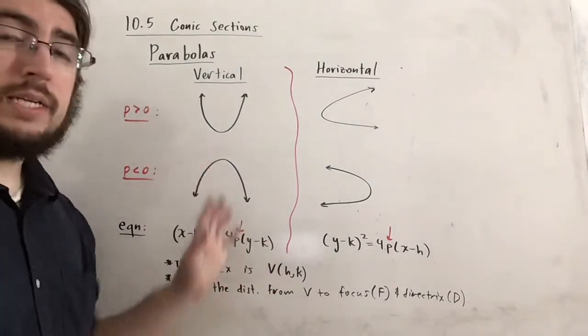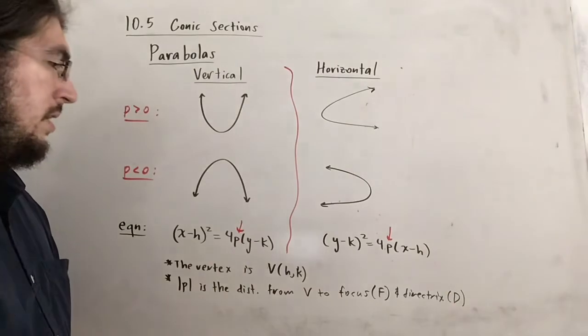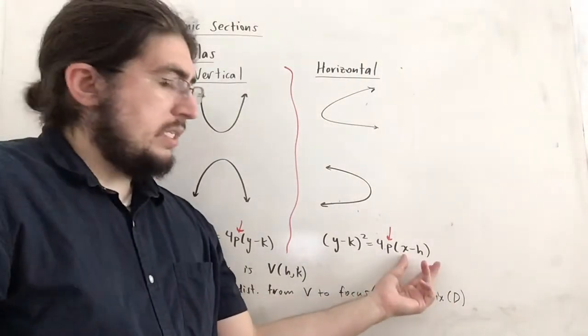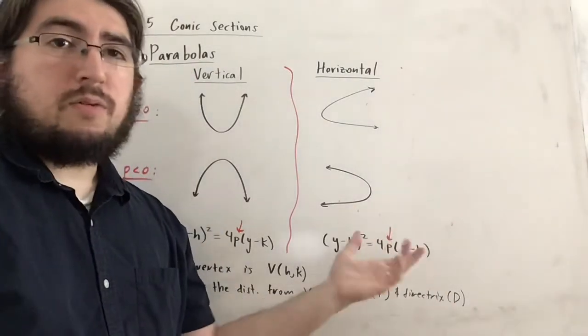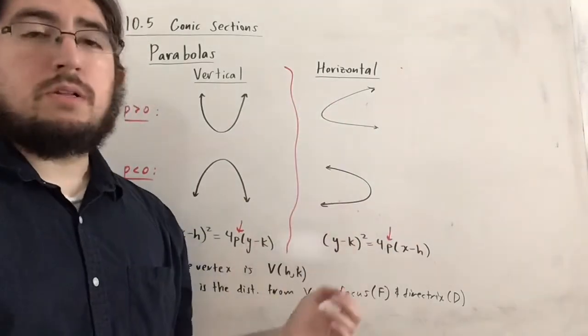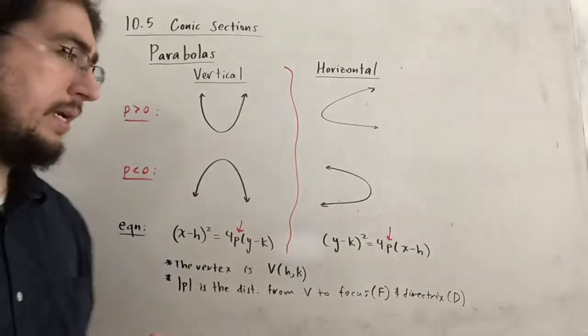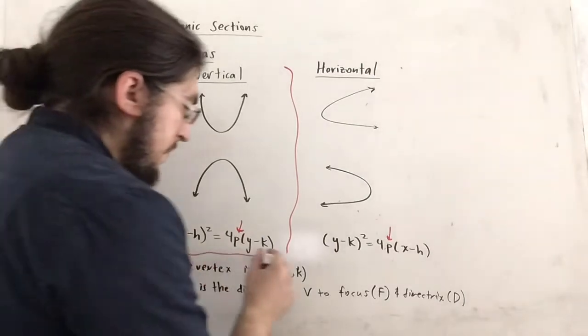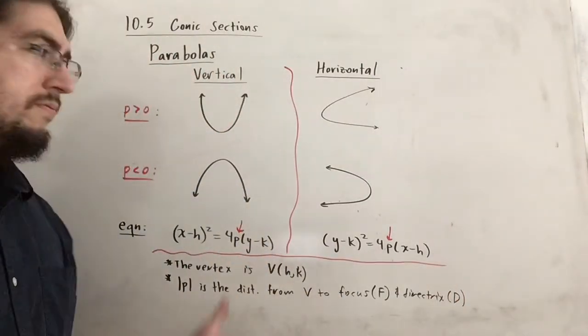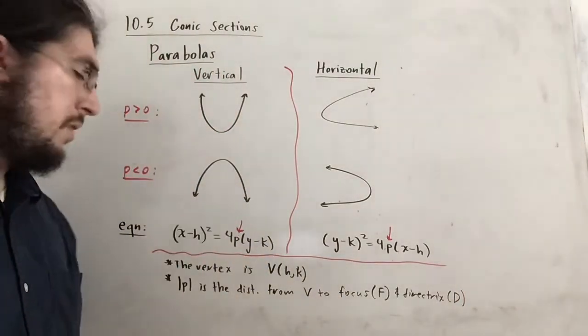So in the y direction, basically. All right. Similarly here, the one that's not squared is x, so this x reminds us of horizontal, so this would represent a horizontal parabola. So that's something to keep in mind. Now what I have listed here below actually is true of any of these parabolas.